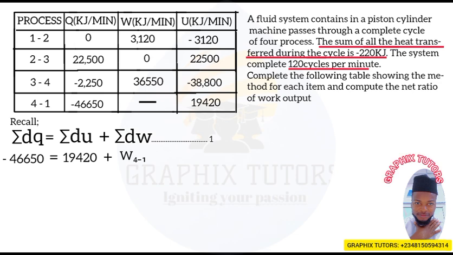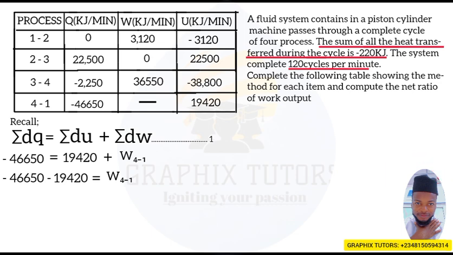Now, if I should take the 19,420 to the left hand side of the equal sign, it will become negative. So this will now give me minus 46,650 minus 19,420 equals to W4 to 1, right?